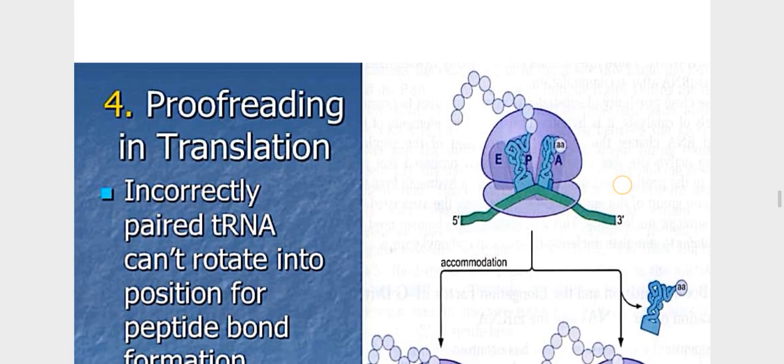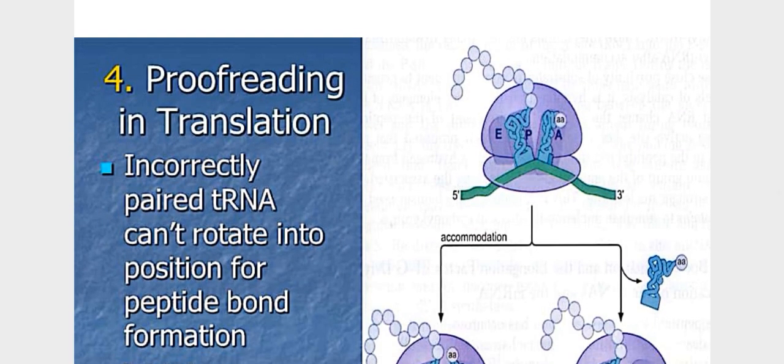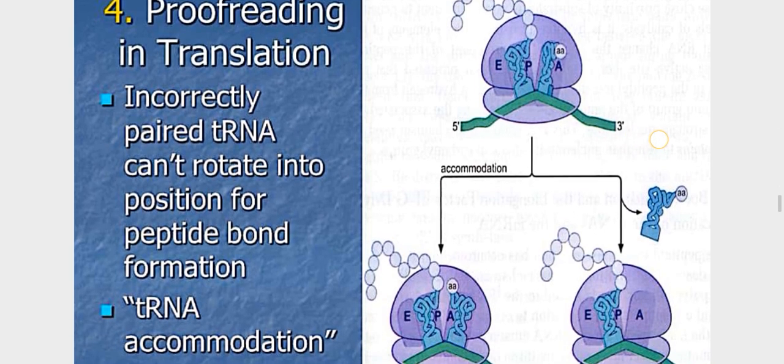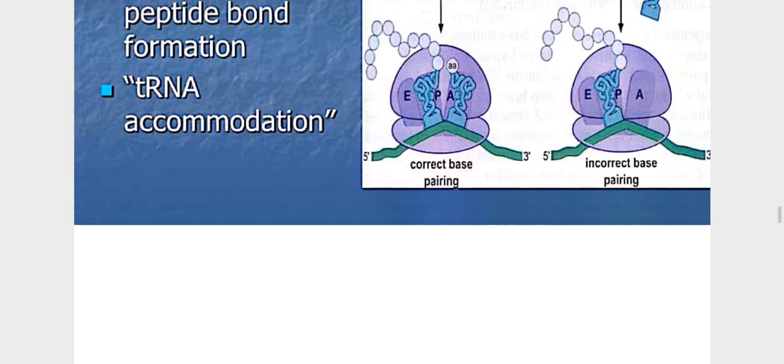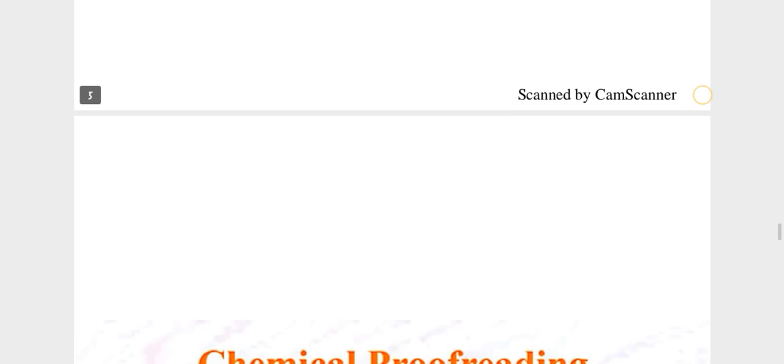Proofreading in translation: an incorrectly paired tRNA can't rotate into position for peptide bond formation. tRNA accommodation, correct base pairing, incorrect base pairing.